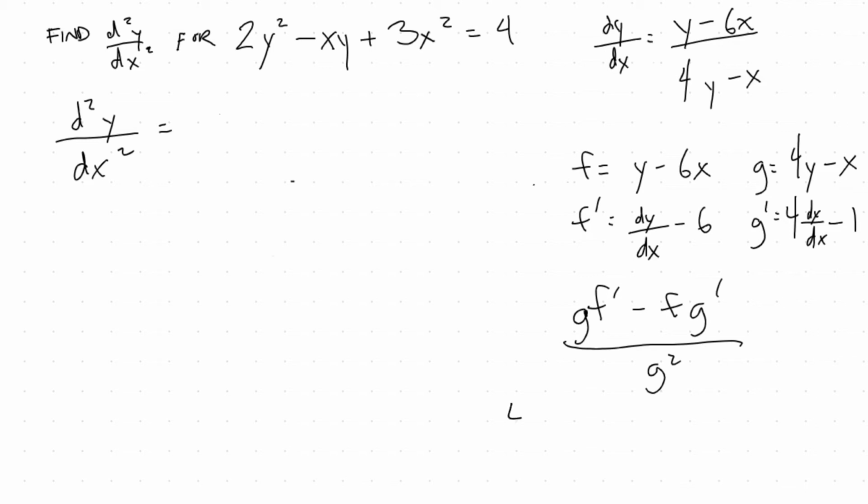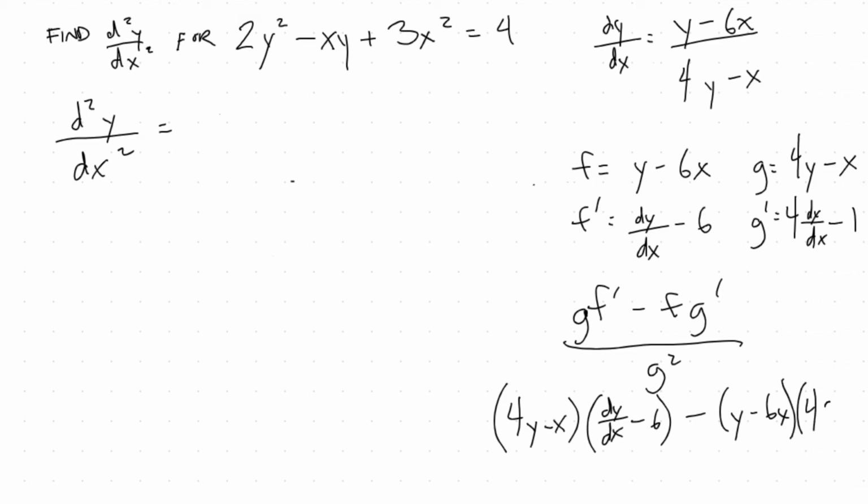All right, so with the quotient rule, it's going to be the bottom times the derivative of the top minus the top times the derivative of the bottom, divided by the bottom squared. And so I'm just going to plug in all of these values here. So that's going to be 4y minus x, that's the g, and then the f prime is dy/dx minus 6, minus f, which is y minus 6x, and g prime, which is 4 dy/dx minus 1.